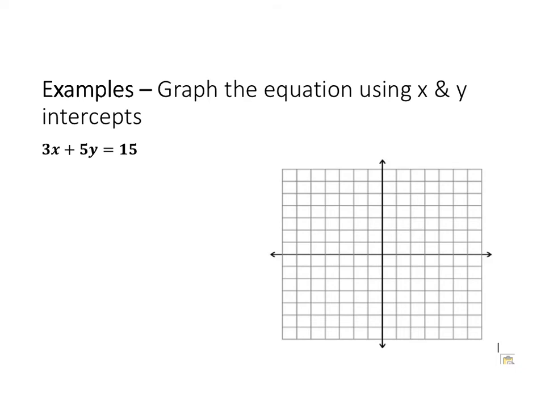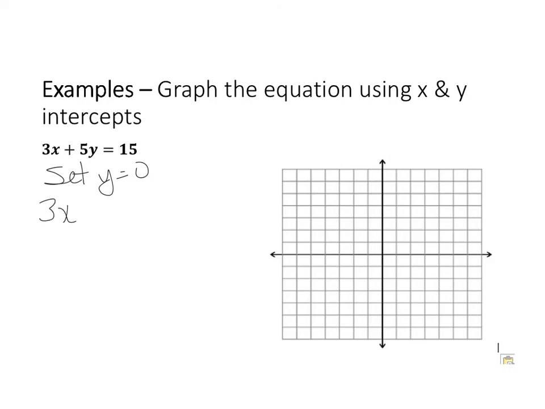Alright, so I am going to do it by using the x and y intercepts. First of all, I'm going to start out by finding the x-intercept. If you remember from those definitions, if it's an x-intercept, the y-coordinate has to be 0. So I'm just going to set y equal to 0.